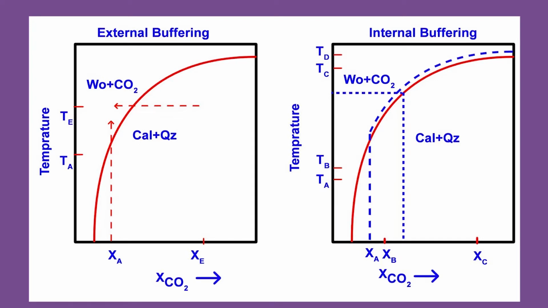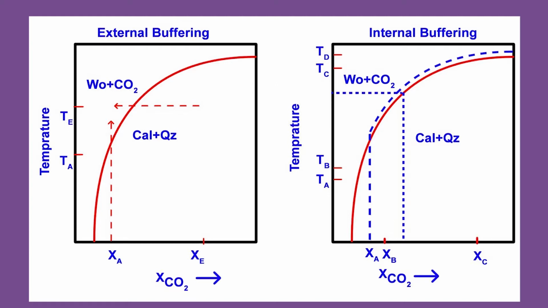The reaction calcite plus quartz give rise to wollastonite plus CO2 is explained by the T-XCO2 plot, see figure. If the influx of fluid of composition XA continued as the rock was heated over a temperature range, the reaction will be completed at temperature TA.